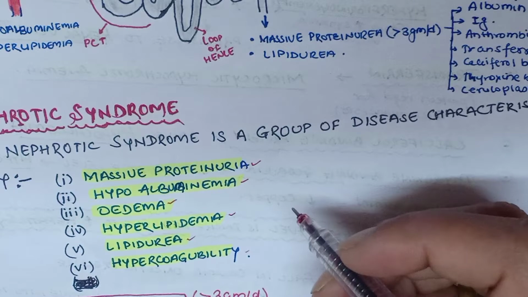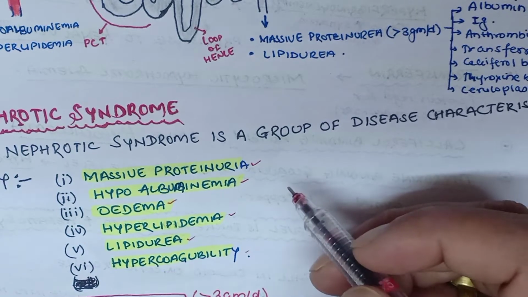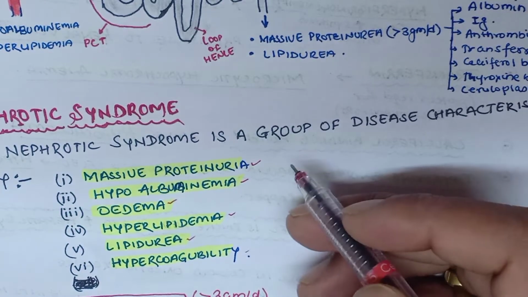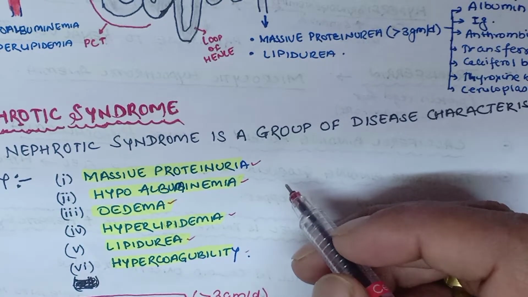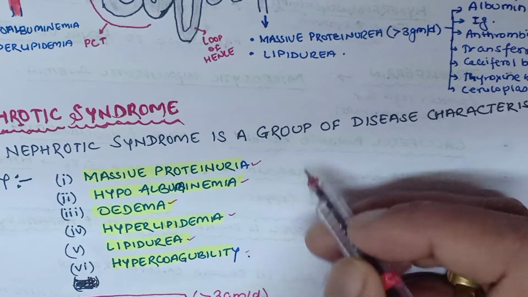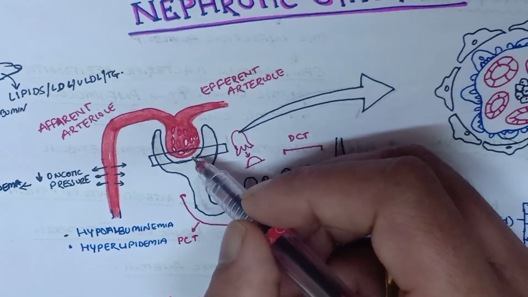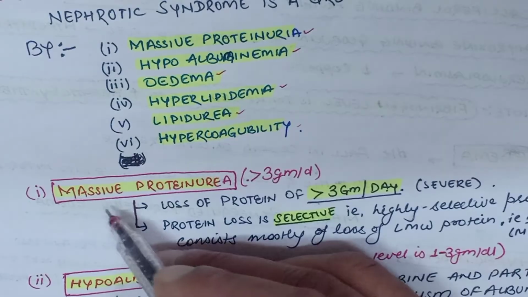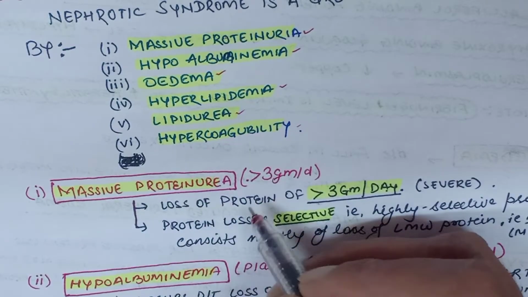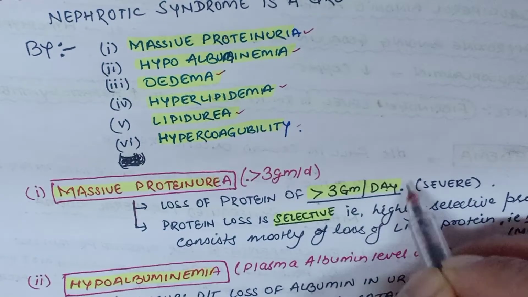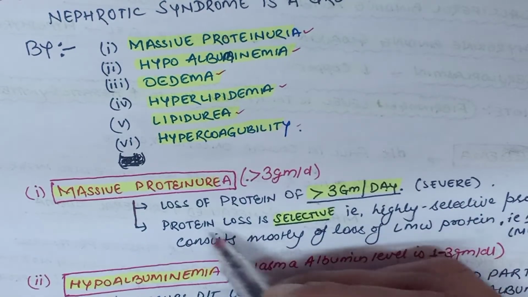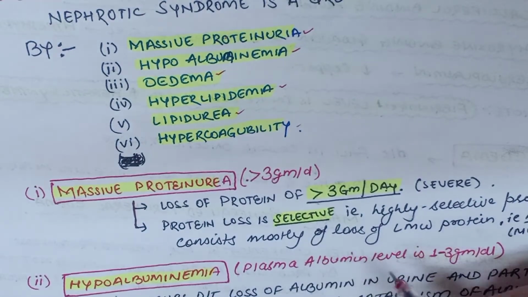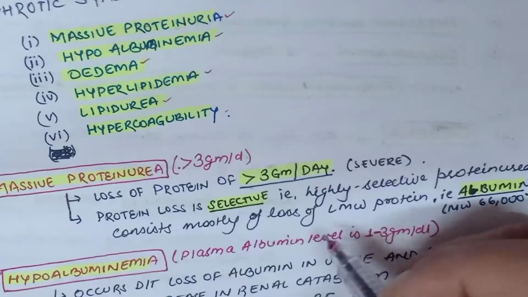When there is a glomerular injury, it will cause effacement of the foot processes, which causes alteration in the glomerular basement membrane. Now it will allow the larger proteins to pass through it. In nephrotic syndrome, there is massive proteinuria of more than 3 grams per day, and the protein loss is selective, that is, a loss of low molecular weight protein, the albumin.